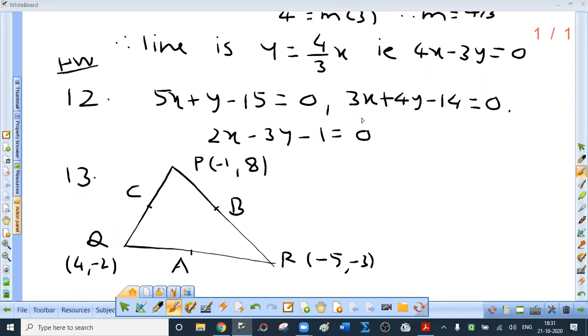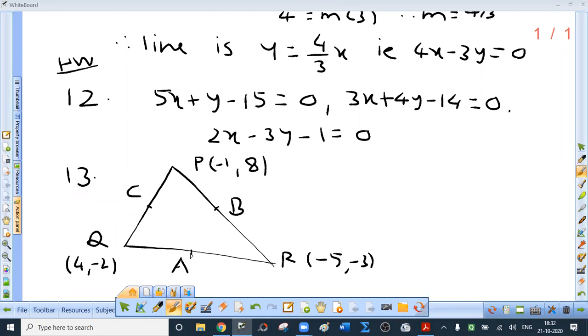Okay. We'll be doing sum number 13. Find the equations of perpendicular bisectors of the sides of the triangle whose vertices are P(-1, 8), Q(4, -2) and R(-5, -3). Perpendicular bisector: so I consider midpoints of the three sides QR, PR and PQ as A, B, C respectively.